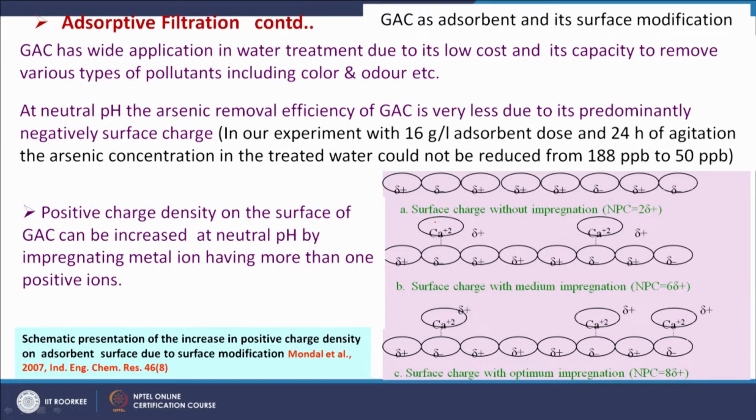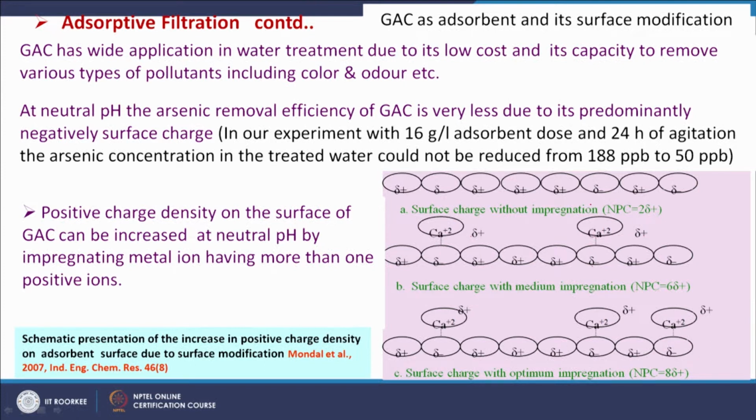So, if we impregnate or modify the surface with some positively charged ions like, say, Ca2+. This one Ca2+ ion will neutralize this negative charge and it will create one positive charge. Here also another Ca2+ is coming in contact with this negative site, and then it is giving another positive charge.